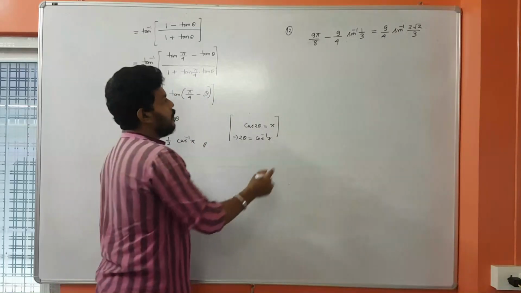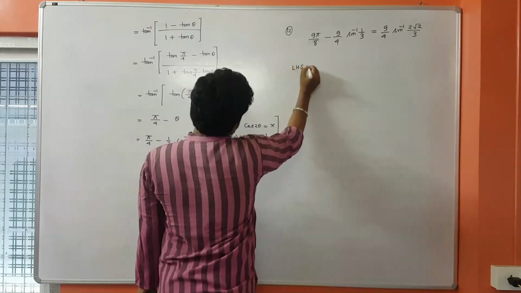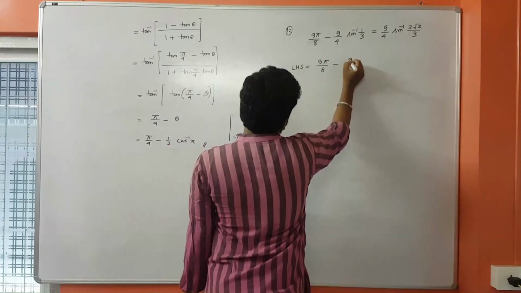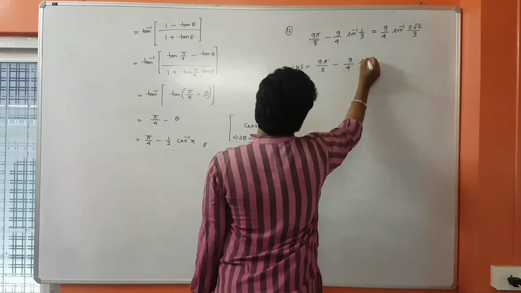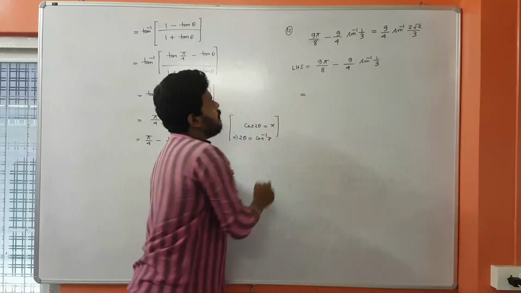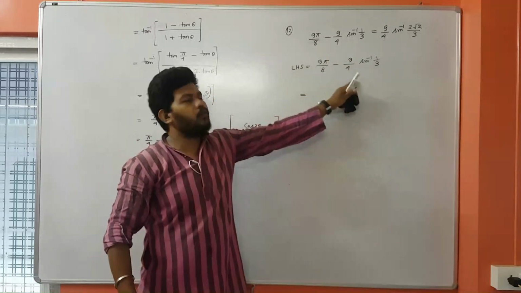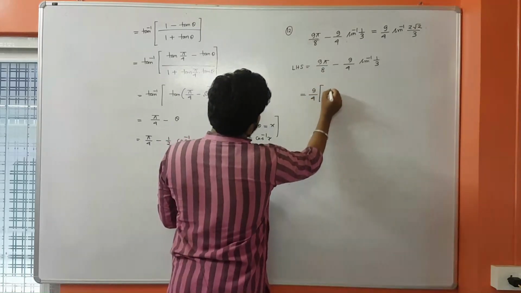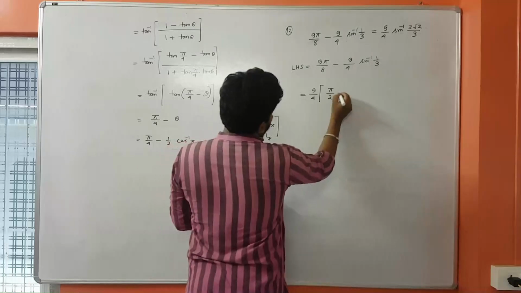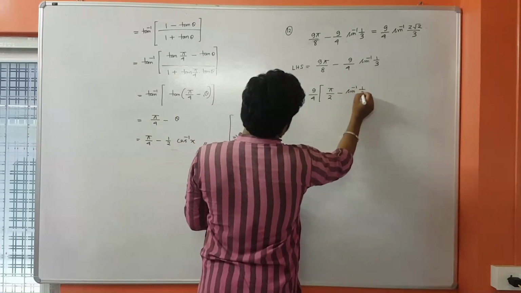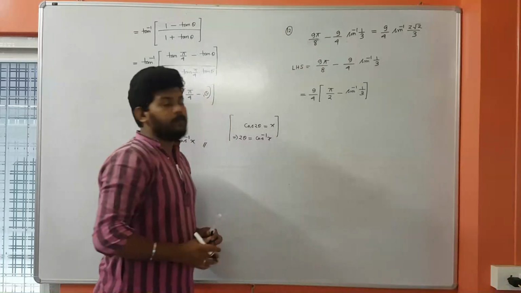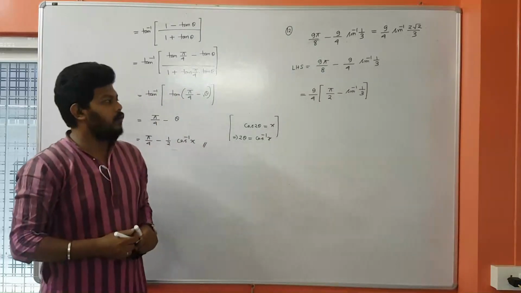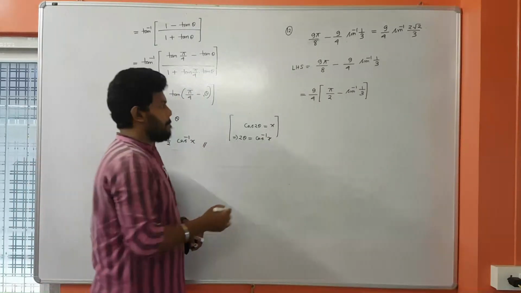LHS: this is 9 pi by 8 minus 9 by 4 sin inverse of 1 by 3. This is 9, this is 9, 8 and 4. If I take 9 by 4 common, I will get 9 by 4 times (pi by 2 minus sin inverse of 1 by 3). These questions are simple. If you practice one or two times, you can easily solve them in the exams.